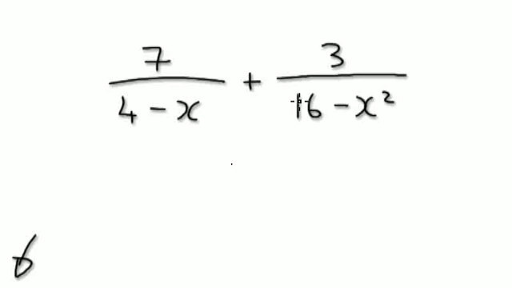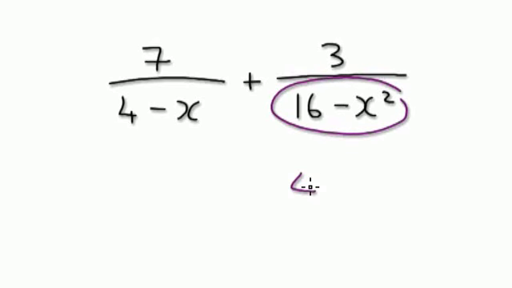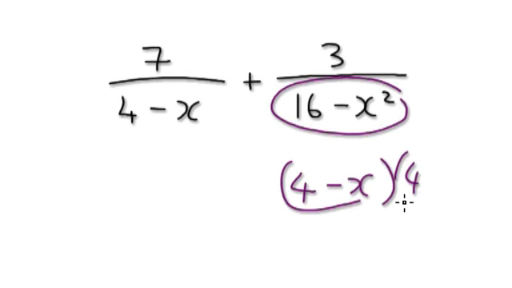Okay, so here, hopefully you would have tried to scan for something where you can square root this and you can square root this here, and then there's a minus in between. The minute you can spot that, then you know that this can be expressed as the square root of that, and then 4 minus x, 4 plus x.